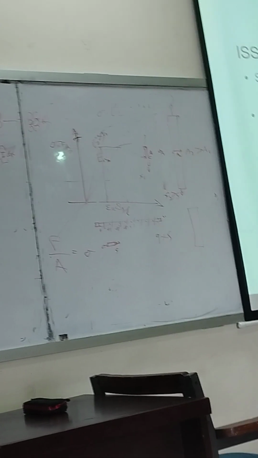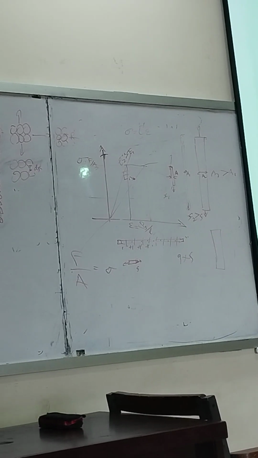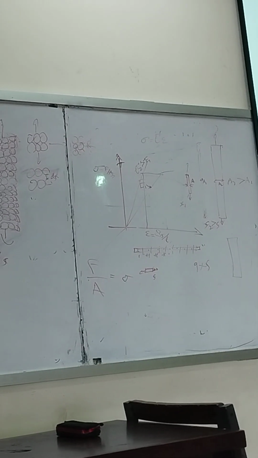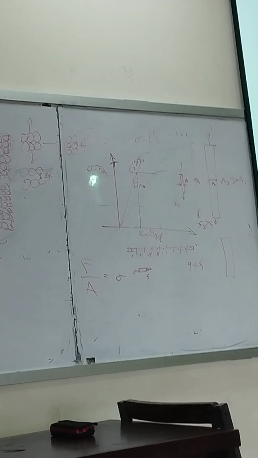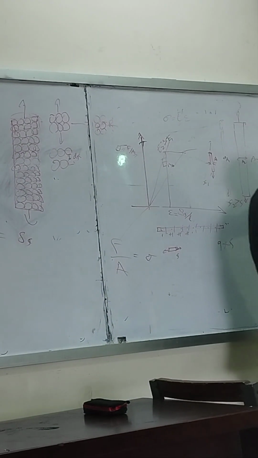So we know that stress strain curves are going to dictate different mechanical properties. We'll talk about these in one of the coming slides. We have already talked about elastic behavior and plastic behavior. Next, when we plot the stress strain curve, we are going to talk about toughness and ductility. These are important mechanical properties.